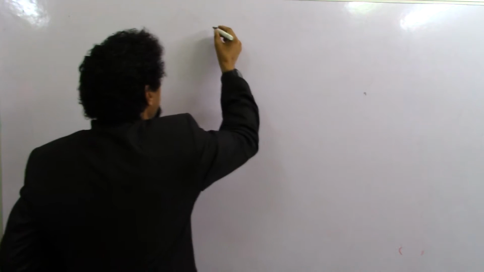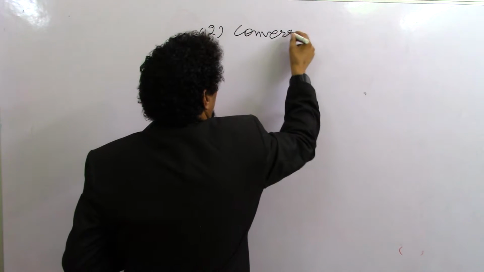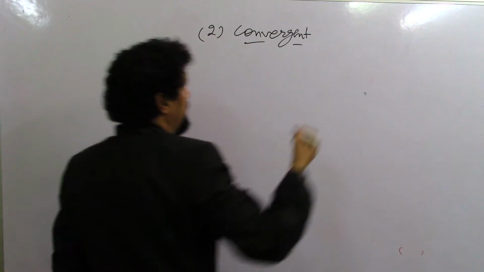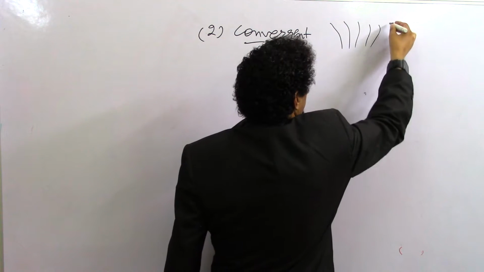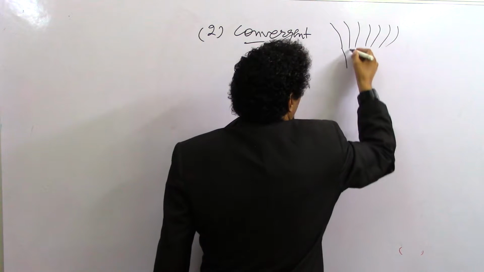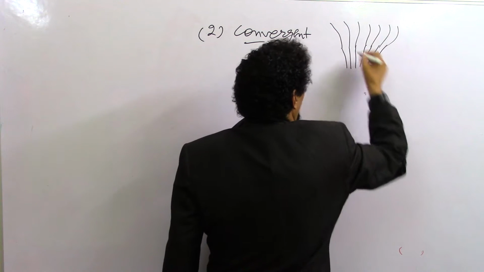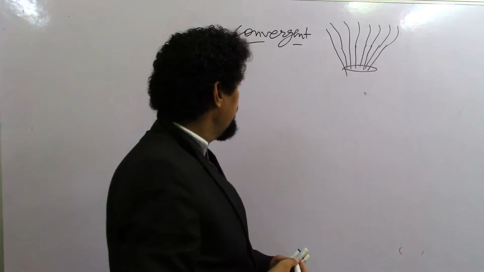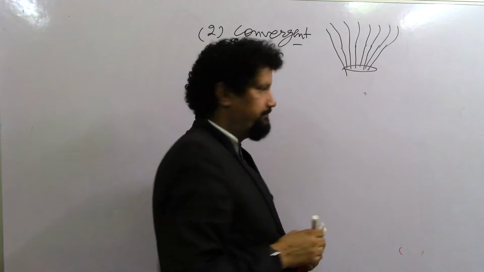The second type of architecture is the convergent. In this type of arrangement, the fibers are coming from a large area and converge to make the joint more powerful, but it is compromised by reducing the range of movement.